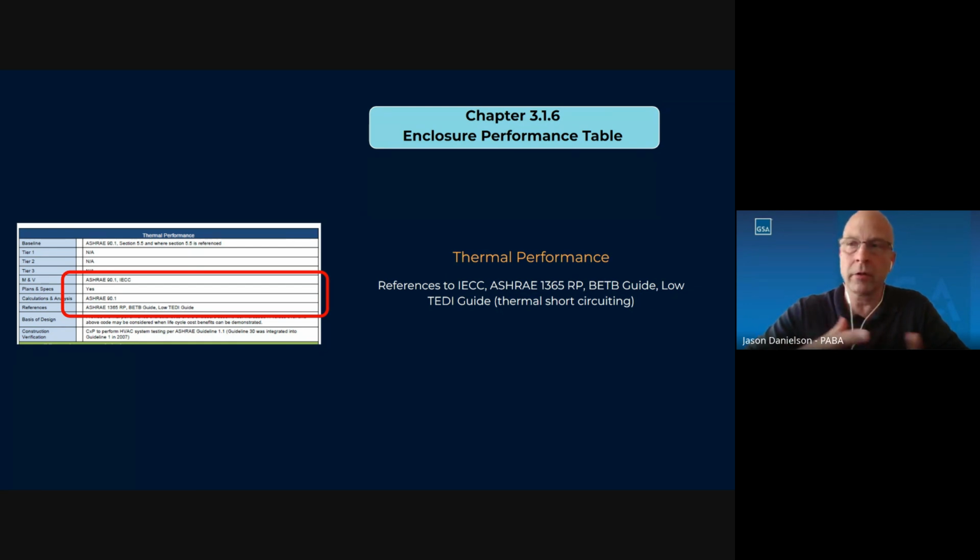So these are all references for what I was mentioning before, the thermal short circuit, and it's really a push that we're starting to see. It's much more prevalent in Canada. They're leading on that, and so this is one where we're looking to see some of that benefit.